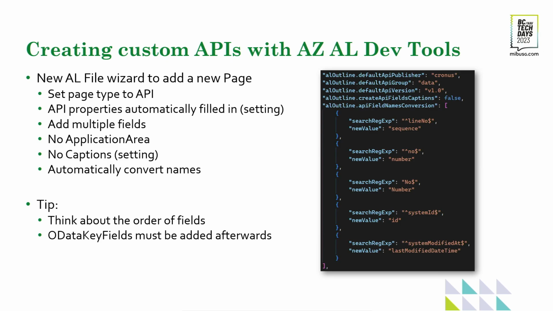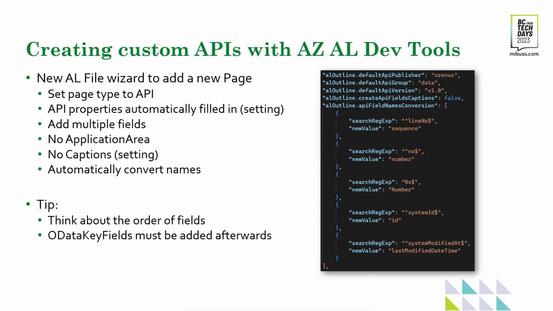Let's go with a tool that I use quite often, and that is creating custom APIs with the wizard that we have in the AZ AL Dev Tools. This is actually a very nice tool where we can generate AL files, AL objects, and there is a specific mode in there where you can create API pages.